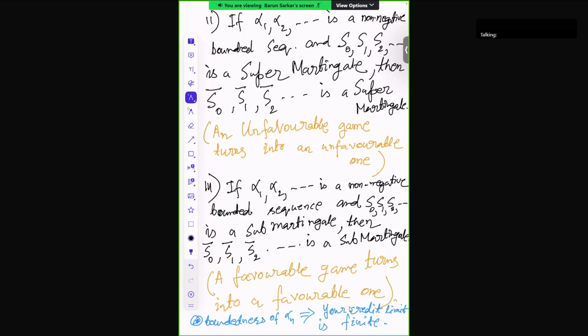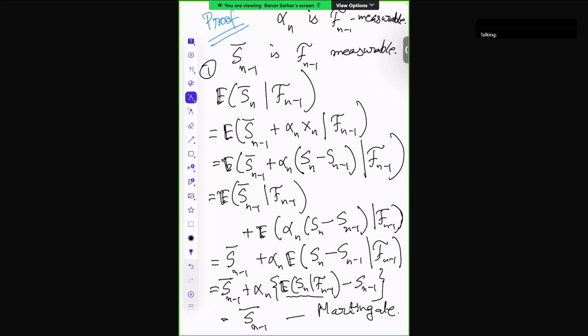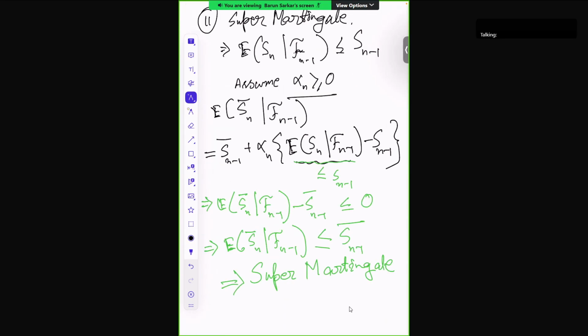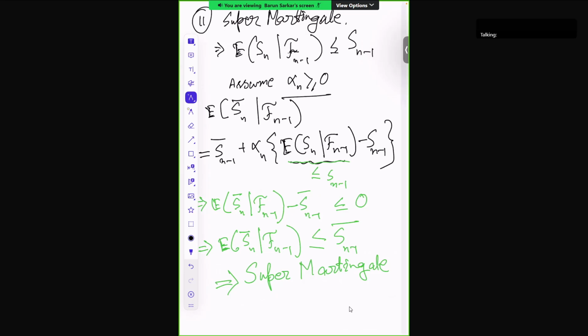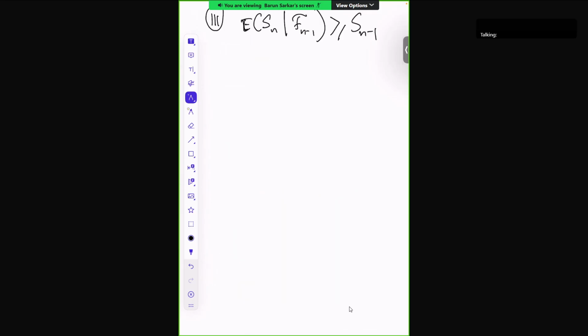We are given that Sn is a submartingale, so this is greater than or equal to this. That is the submartingale definition.